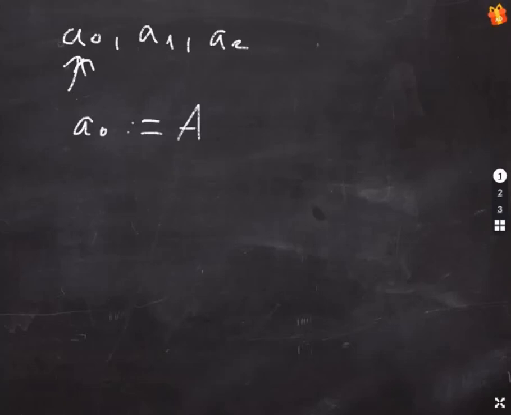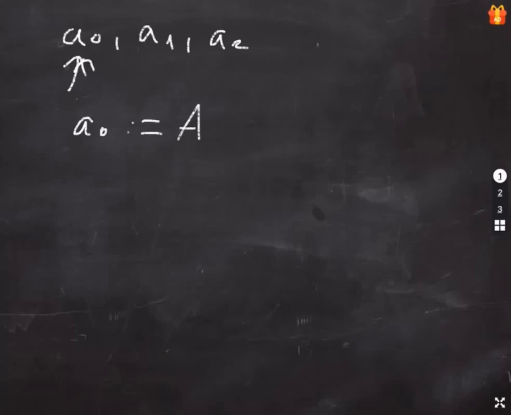Imagine that you want to build a sequence A0, A1, A2 of numbers by first defining A0 to be some kind of base value. For instance, A0 is defined to be, I don't know, capital A. This is like your base for some number.